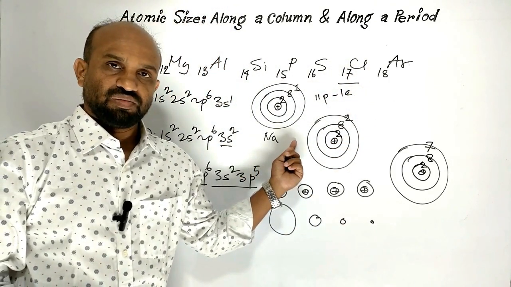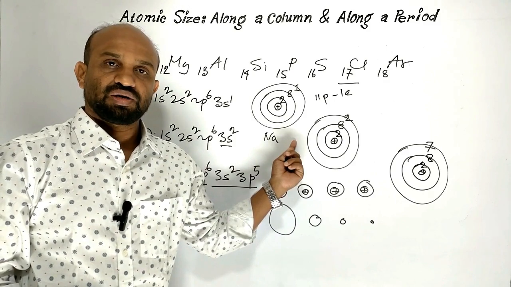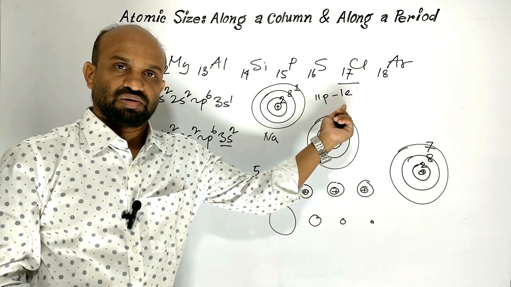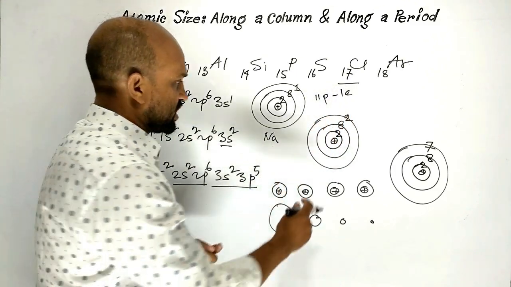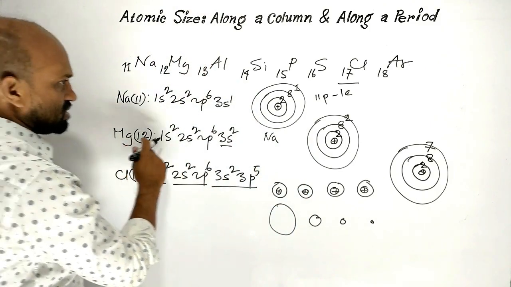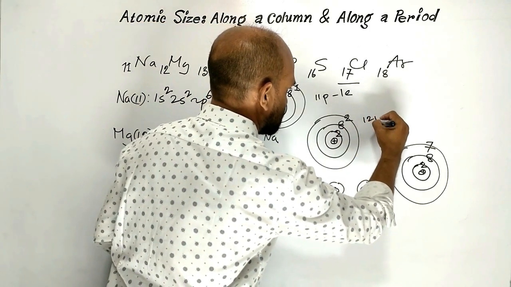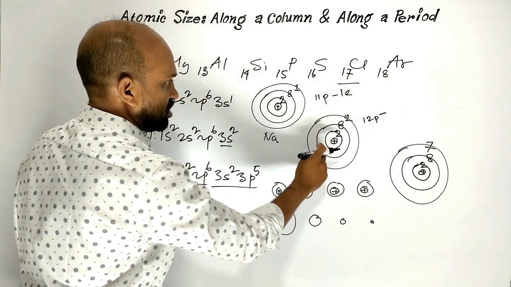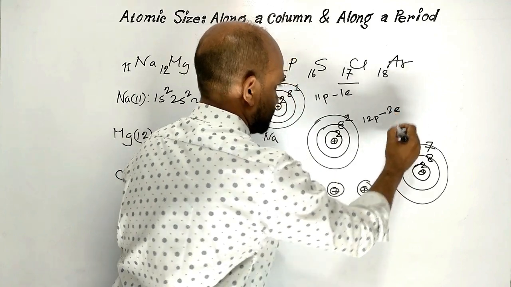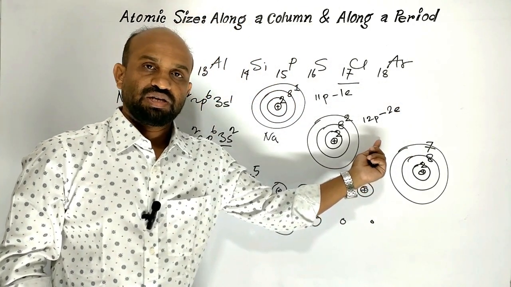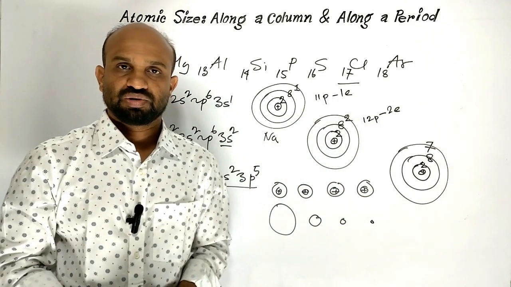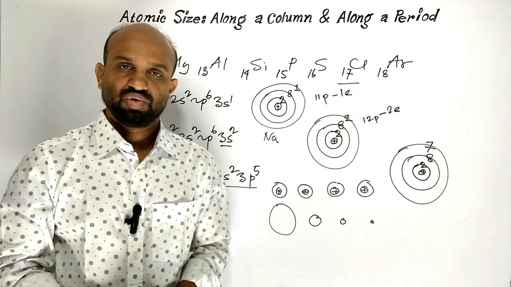In case of sodium, there is attraction between 11 protons and 1 electron. But magnesium contains 12 protons and in the outermost shell there are 2 electrons. In case of magnesium, the attraction is between 12 protons and 2 electrons.